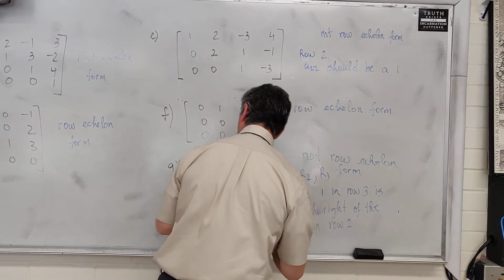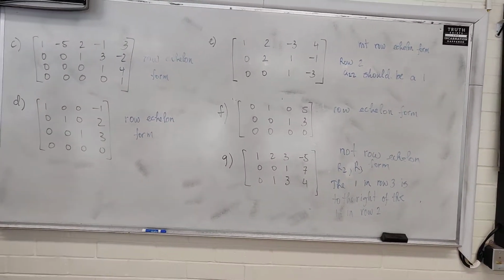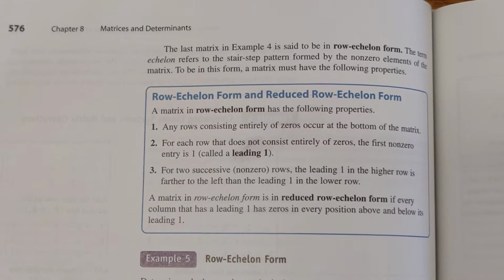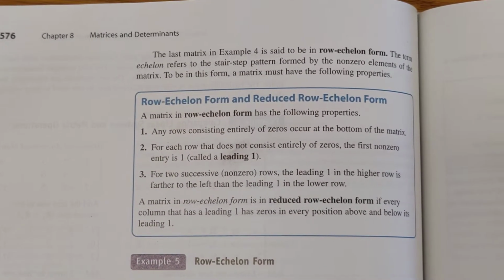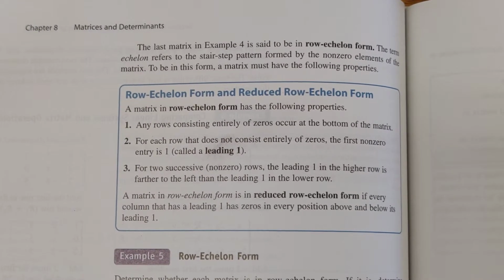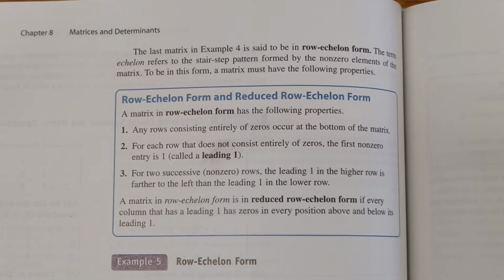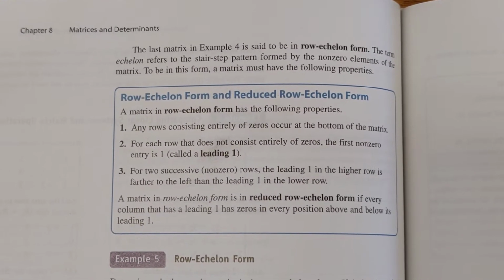Let's quickly look at the definition for reduced row echelon form. You notice that if a matrix is in reduced row echelon form, there's one additional condition, which is every entry above and below the 1 should also be a 0.